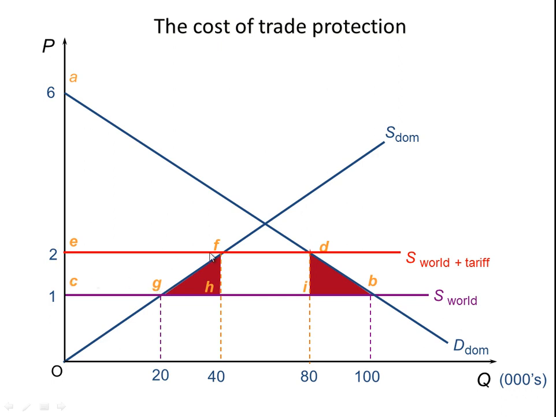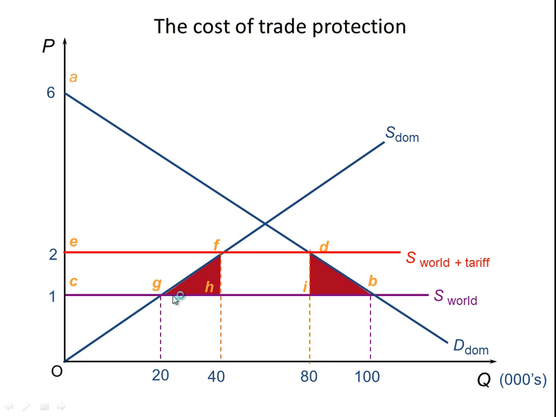But then there's the welfare loss associated with the tariff, because clearly now we're getting this extra domestic supply, but it's from inefficient domestic sellers.